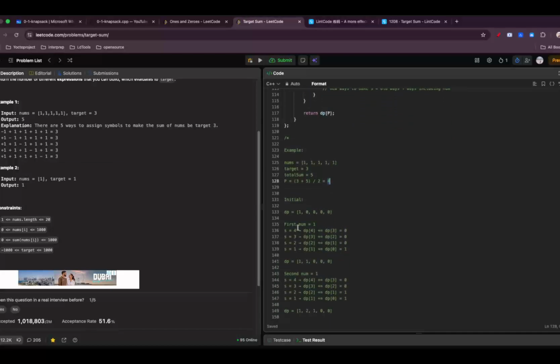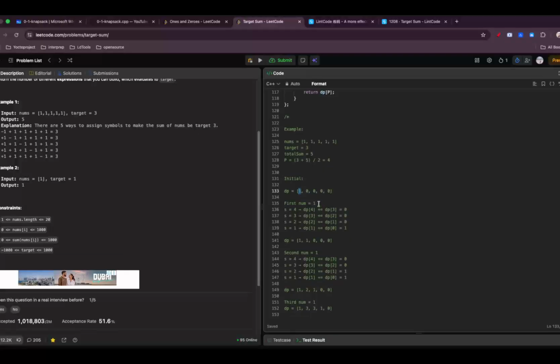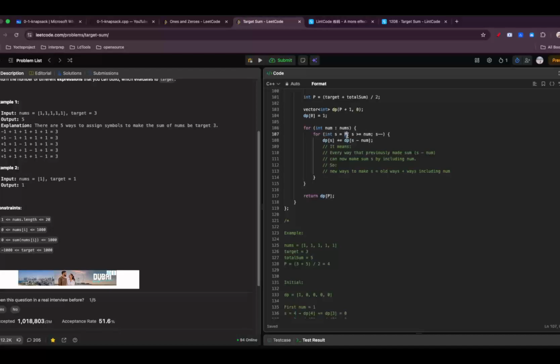Now we initialize it like this: at the starting 1, and then all are 0, because to get the sum equal to 0 we have one way. So that's why we initialize with 1. Then our first num equals 1, that is this one. Now s equals 4. Here, if you see, we are starting s from p, that is 4.